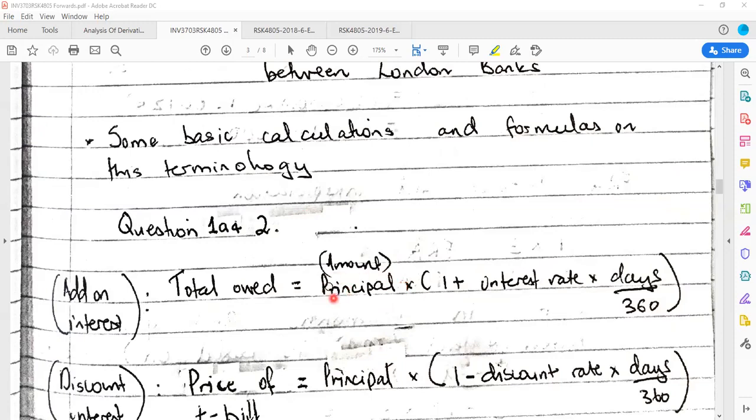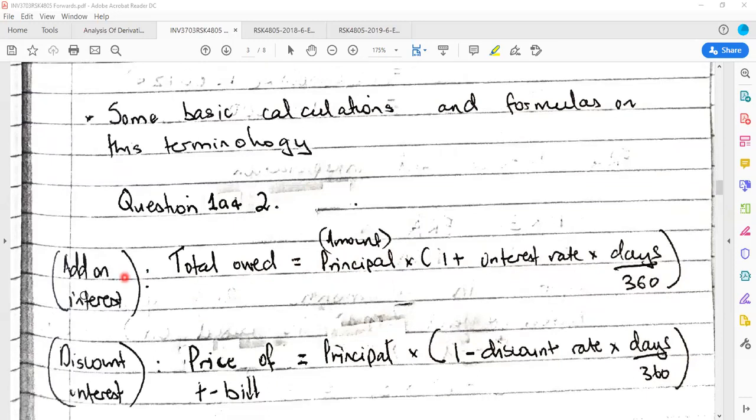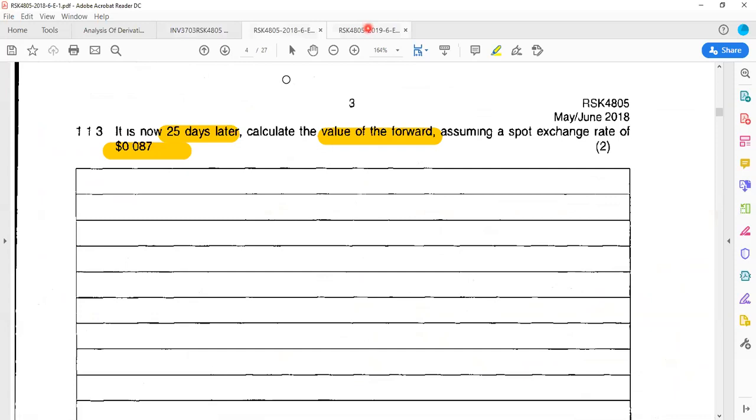How much money will you pay back in total? We say, how much money do you owe in total? So you need to be able to calculate the amount of money a bank or an institution owes in total if they borrow money. And we say that we've added interest on. For example, if you borrow money for a certain amount of time, you have to pay interest on that money borrowed. So this is the formula. This formula will be given on the exam paper.